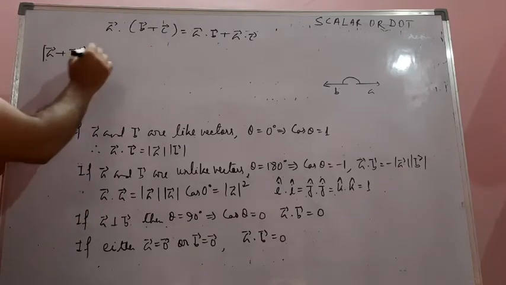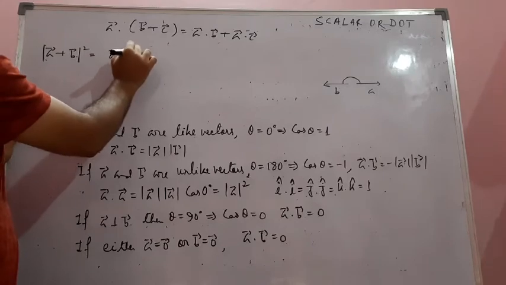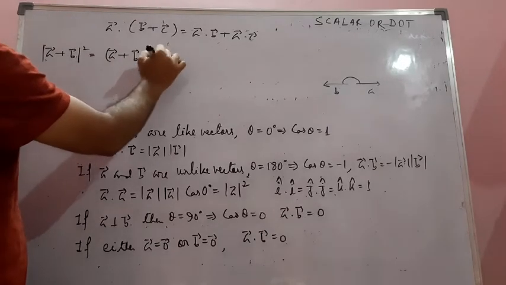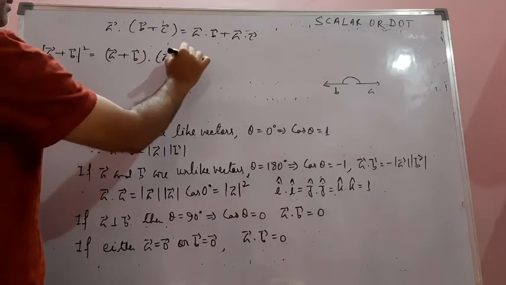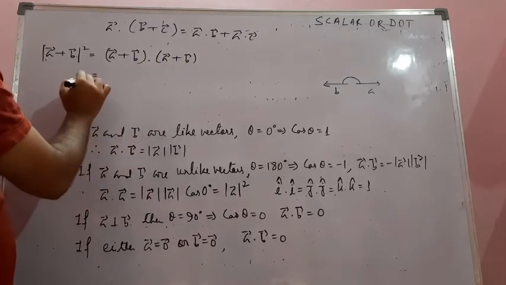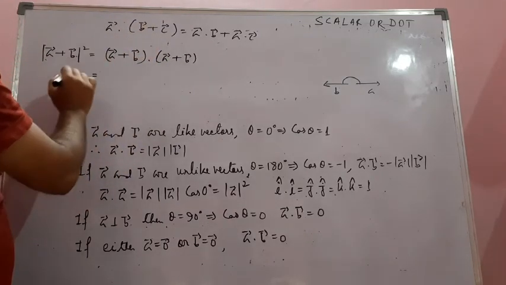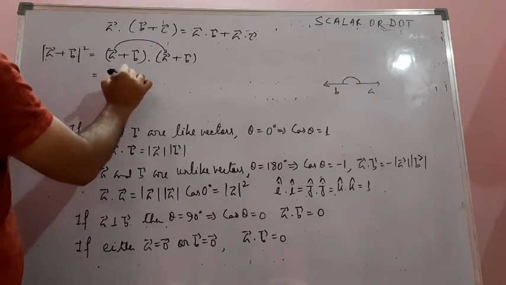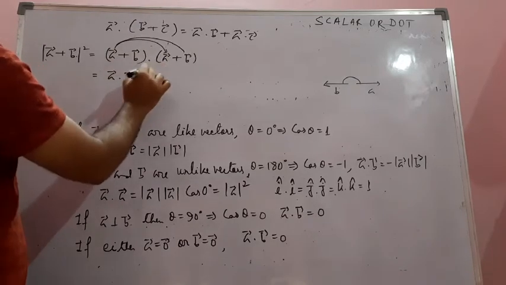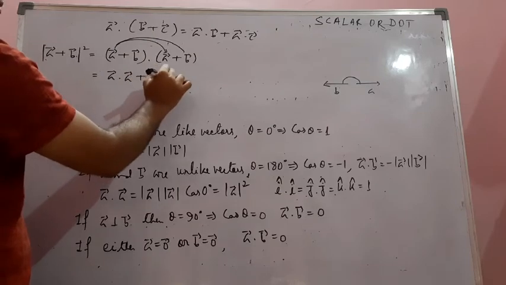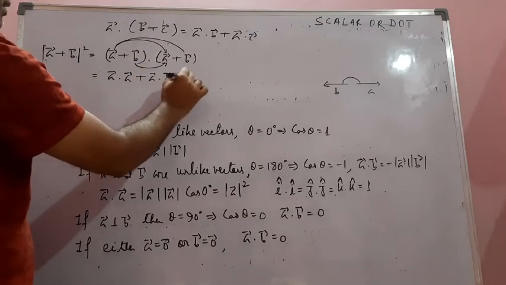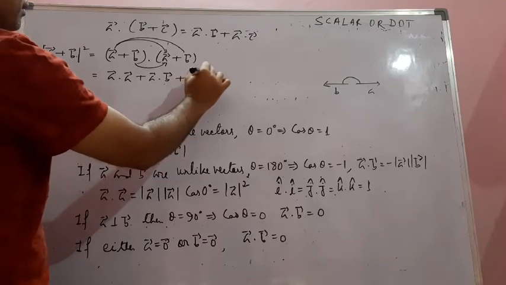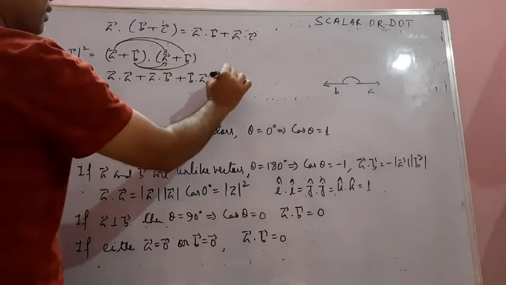It will be a plus b dot a plus b. Now as it satisfies the distributive property, it will be a dot a, plus a dot b, plus b dot a, plus b dot b.